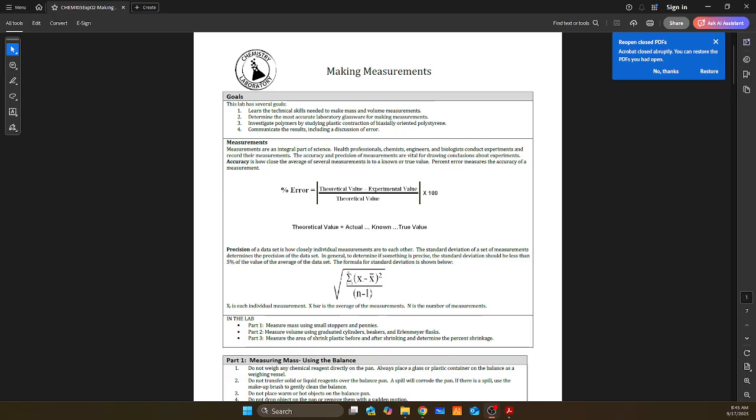Now, the next thing we're going to do is plug these in. So the first thing we need to do is an average. I'm going to make up values for the pennies, and so these are going to be my masses for my pennies.